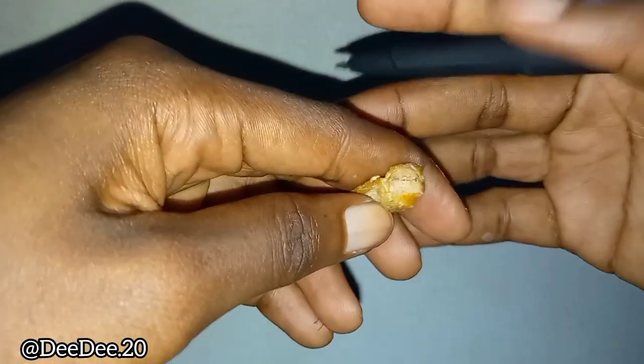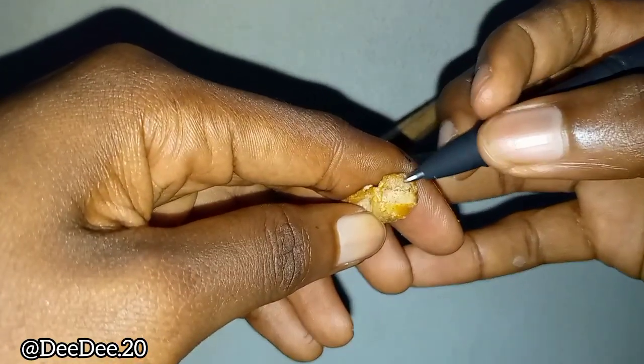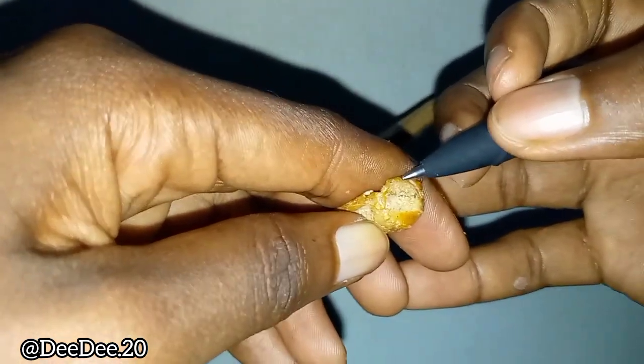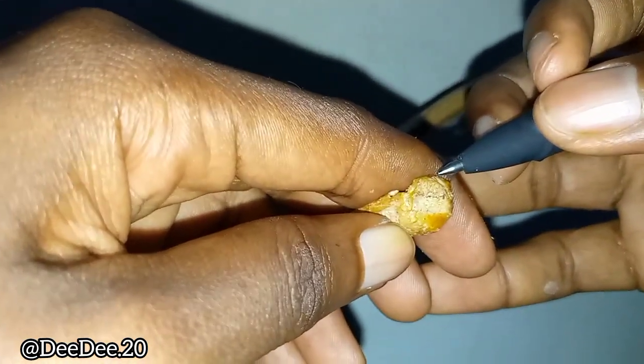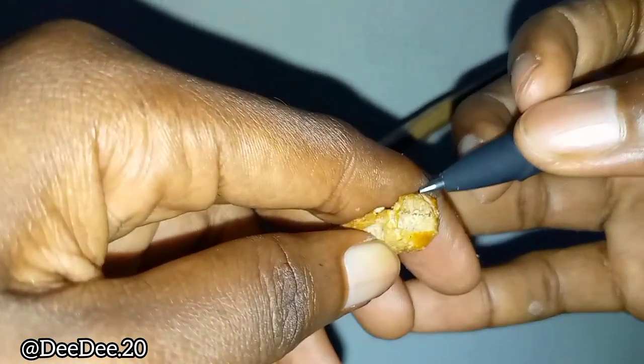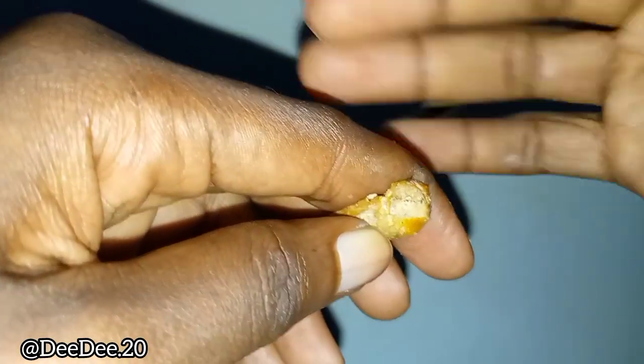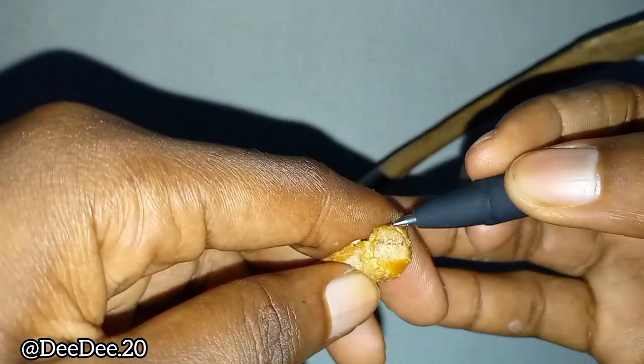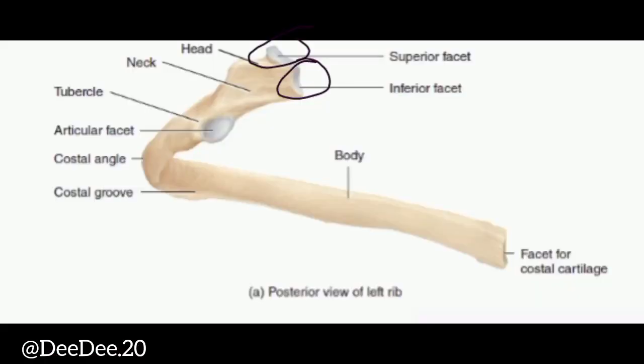Now the upper smaller part can be painted and it can be asked what it articulates with. The upper smaller facet of the head of the rib articulates with the inferior costal facet of the thoracic vertebrae above it. So the inferior costal facet on the thoracic vertebrae is going to articulate with this upper smaller facet on this rib.